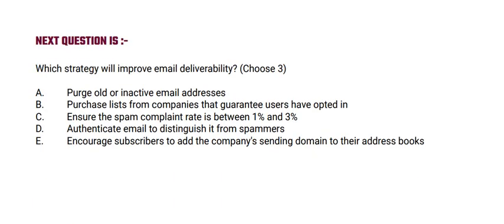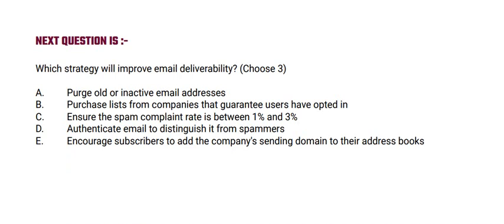Next question is, which strategy will improve email deliverability? Choose three options. And the options are option A, purge old or inactive email addresses. Option B, purchase lists from companies that guarantee users have opted in.